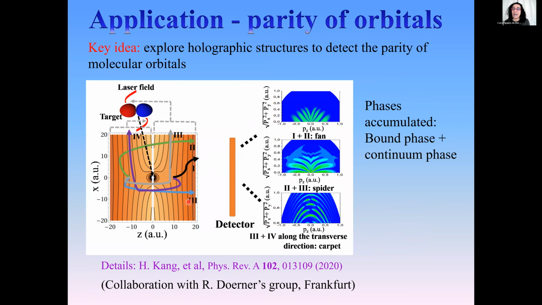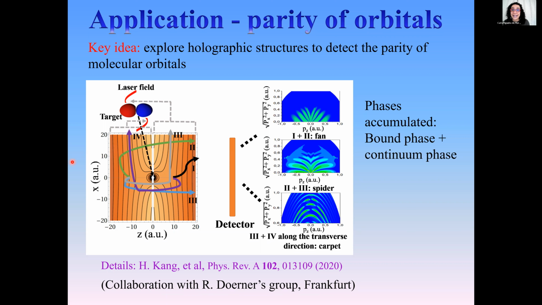A very nice application is to explore holographic structures to detect the parity of molecular orbitals. Let's say you have a molecule and an atom, and they have different parities, this highest occupied molecular orbital and your atomic orbital, and you can orient them like a p state.